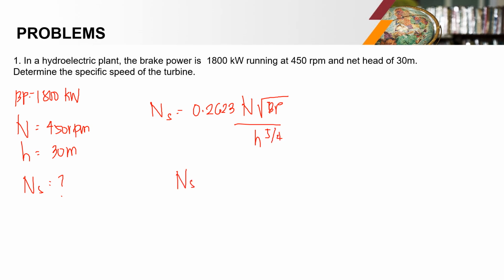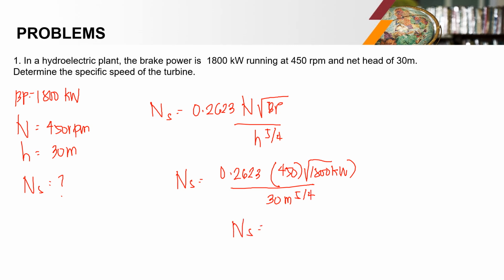So for the specific speed, we just have to plug in the values: 0.2623 times N, which is the running speed of 450, times the square root of the brake power of 1,800 kilowatts, over H, which is 30 meters raised to the 5 over 4. So our specific speed Ns will be equivalent to 71.33 RPM. So this should be our final answer.